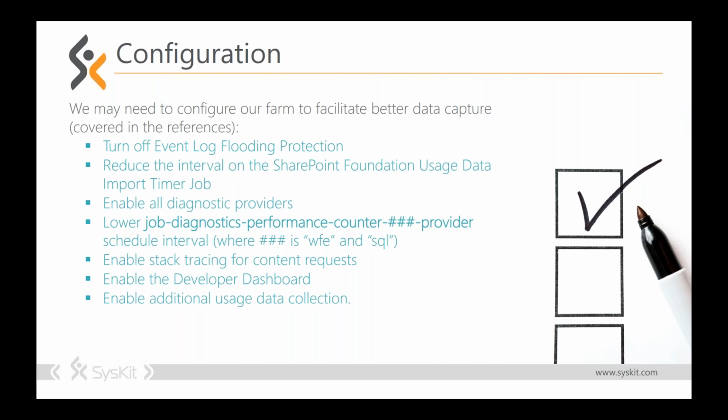and it calls out several things that you might want to do, the default setting as well as what it recommends. So things like turning off event log flooding protection.